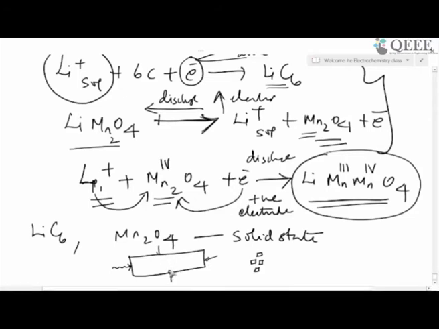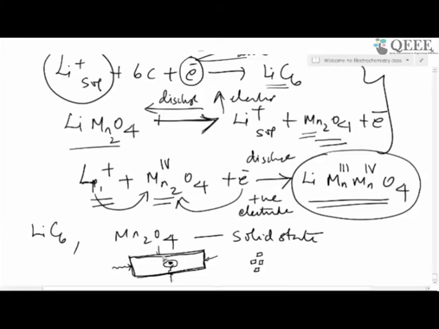So it has to diffuse through this particle and reach the Mn2O4 which is inside. The Mn2O4 on the outside is easy to lithiate, because it will straight away react with the lithium. But for the Mn2O4 inside the crystal, to access this lithium, lithium has to diffuse through this matrix. That means we are talking about lithium diffusion in solid state. In liquid state itself, diffusion is a tough process. So in solid state, it is even tougher.